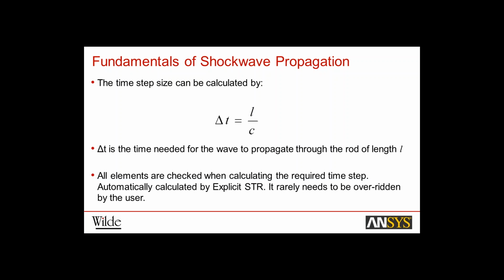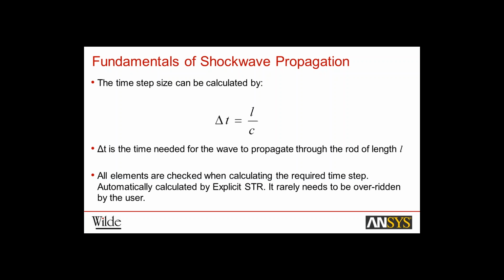If we now look at delta t, the time step size, we can take our part's length divided by the speed of sound to work out our delta t. So delta t is the time needed for the wave to propagate through the rod of length L. Based on the calculated speed of sound of various materials, you can see that delta t would probably be very small.